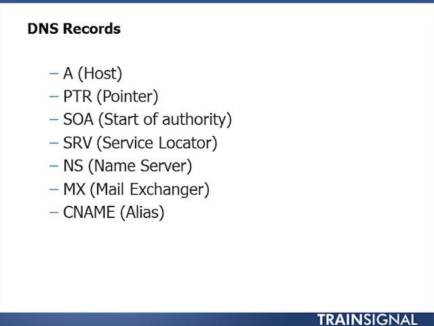And then we also have something called the CNAME, which stands for canonical name, or what's also sometimes known as an alias. The best example I can give you of an alias is if you've ever gone to your favorite website and typed in www.trainsignal.com, for instance, or www.microsoft.com, or www.google.com.